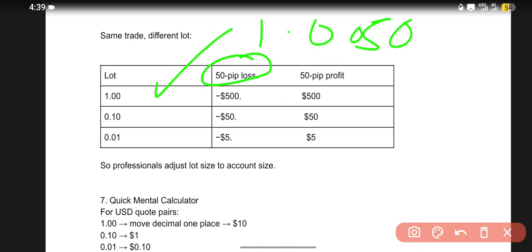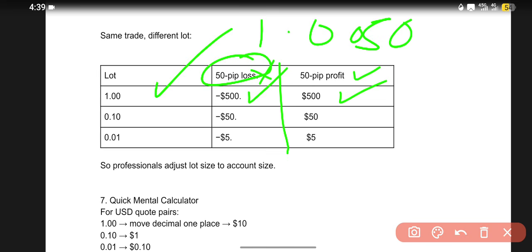So let's divide this into two. This is for the loss, this is for profit. So every 50 points movement in price is generating you either a profit of $500 or a loss of $500. That is for the standard lot, the one lot size.